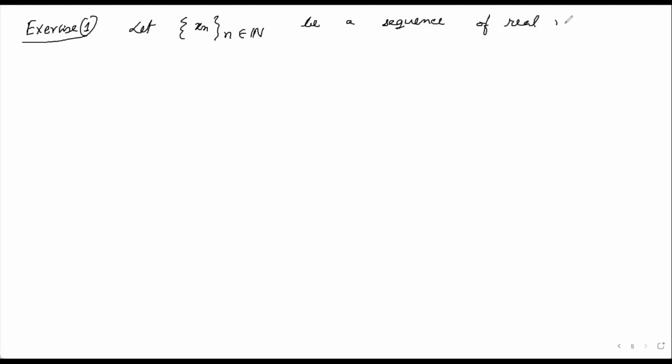Now we have an exercise here. Exercise 1: let xn, n belongs to the set of all natural numbers, be a sequence of real numbers, that is, the terms of this sequence are real numbers.